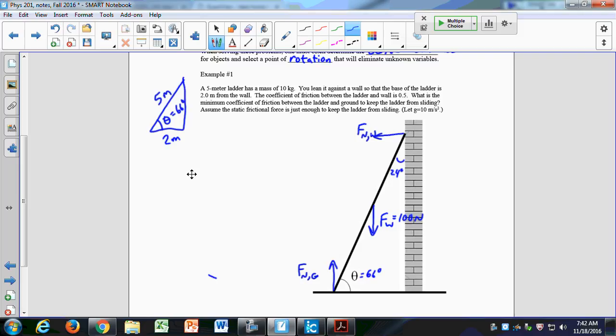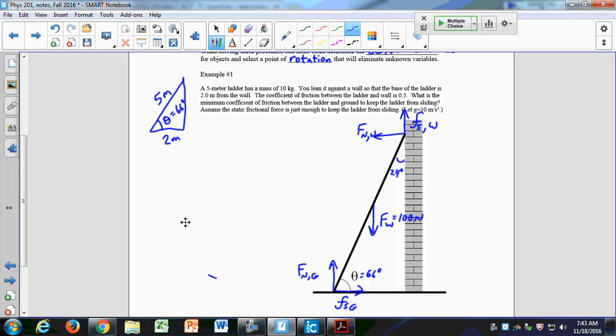It's going to be up. And here, left or right? It's going to be to the right. It's not actually moving, but it has a tendency to move. I'll call this FSW, and this FSG for the ground. I think that is all the forces.